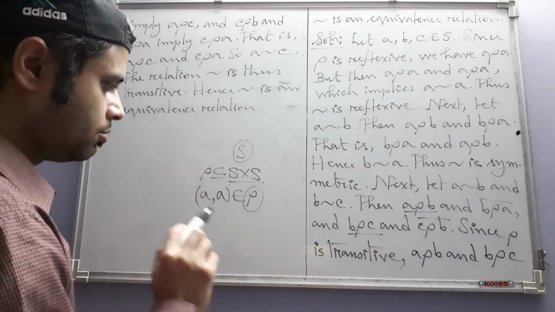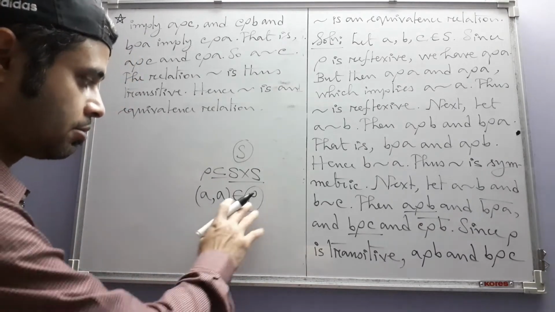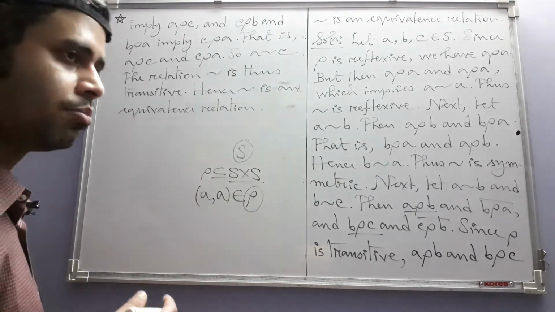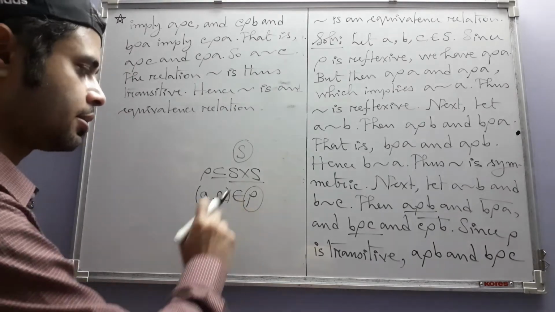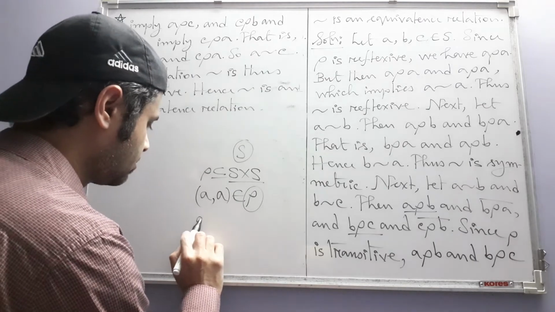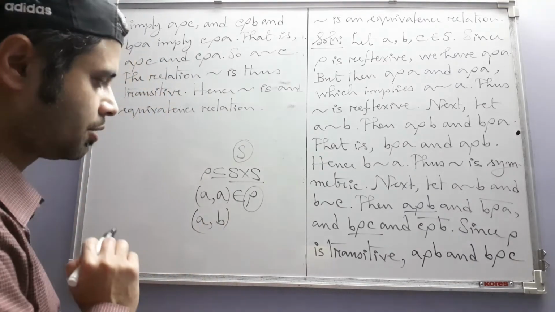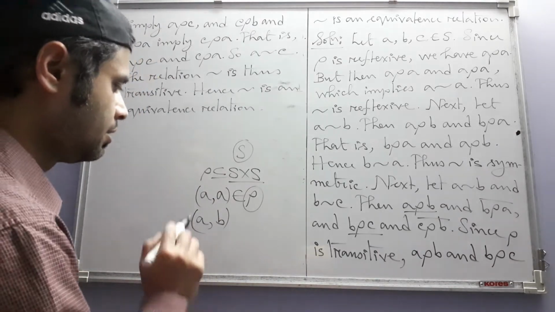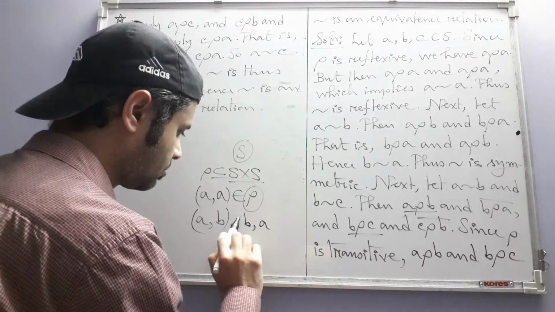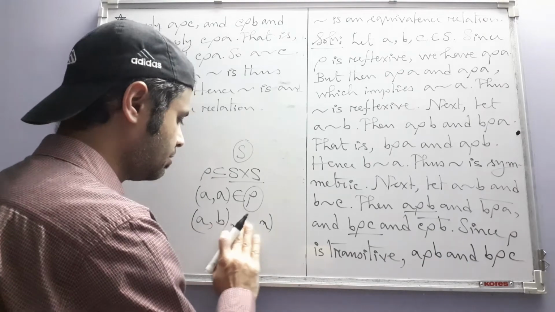So to make this relation symmetric, of course, you cannot just simply do something to the relation, make it symmetric and keep the relation intact. You have to introduce new ordered pairs. If originally rho had this ordered pair (a, b) and now it does not have the reverse, you need to introduce it.